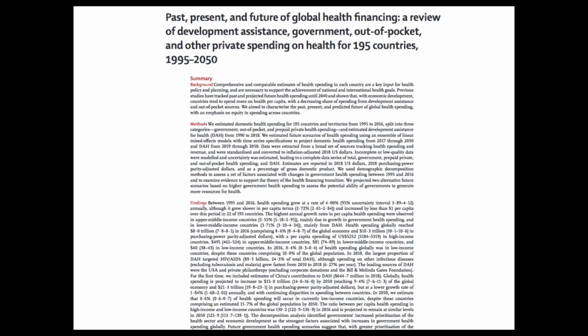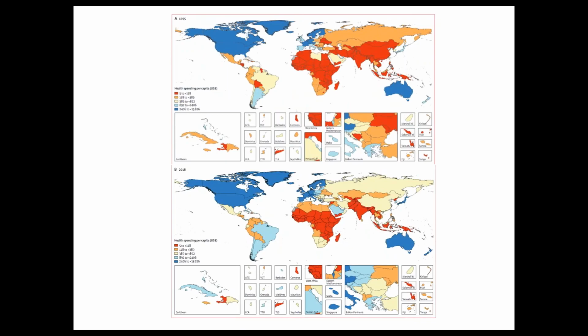Here's a report from the Global Burden of Disease study, and I'm not an expert in this, I'm not an economist, but what was done here is, what do we spend on healthcare, and what are the implications for the rest of the world where societies are not blessed as ours is in terms of being wealthy? And we compare the way the world was in 1995, where rich countries, that's here and here, compared to poorer countries, how much they spent on healthcare.